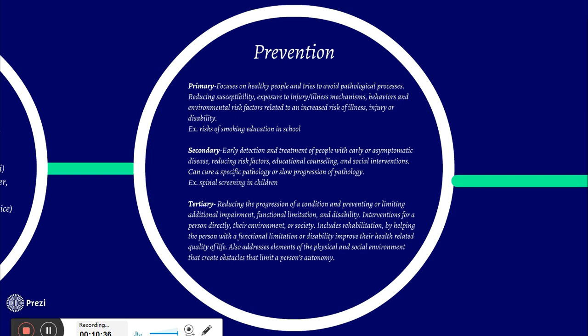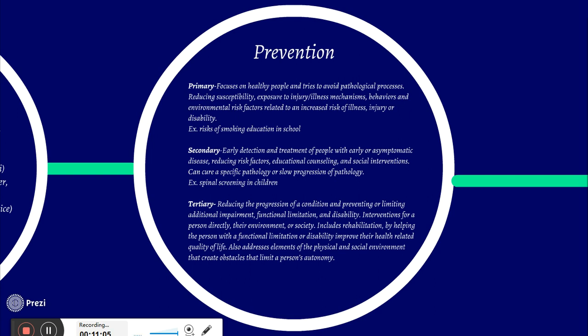Sometimes these interventions can't cure the specific pathology, or at the very least they can slow its progression. So basically it's early screening, looking at the problems, and then trying to address the situation to either prevent it from getting worse or prevent it from ever being an issue whatsoever. An example of this would be spinal screening in children.